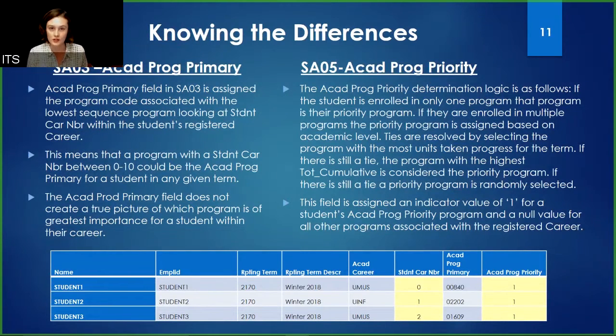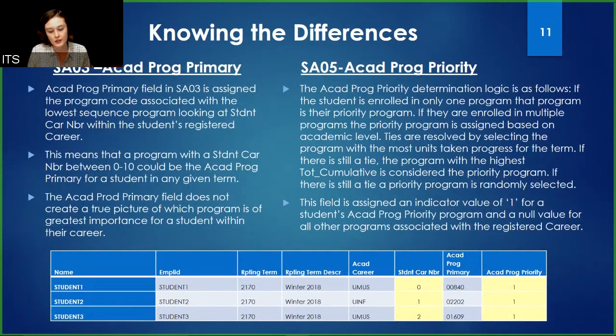They sequentially start at 0. So the program that is assigned primary for their enrollment is not necessarily the one that is most relevant. It is the lowest sequential one in the series. It's not necessarily the most helpful. It's just where they started.